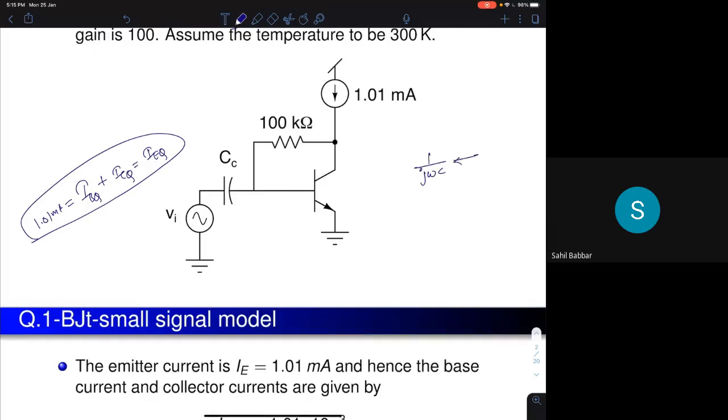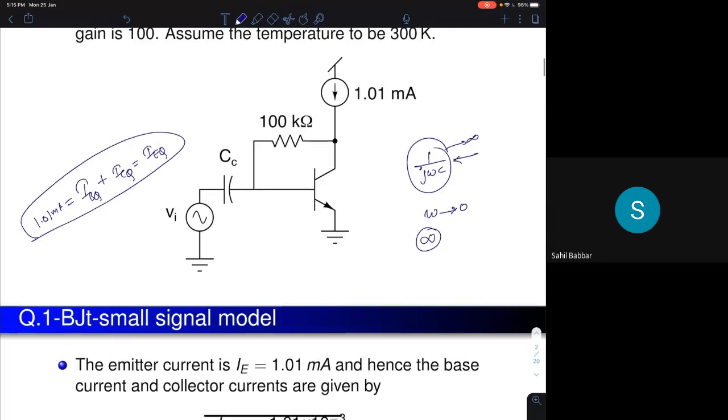At omega equal to 0, that is your DC frequency, the impedance of a capacitor is infinity. If some impedance is infinity, it's an open circuit. So whenever you are finding DC, you have to open circuit the capacitor. For the AC small signal model, the capacitor will be a short circuit. That's how you do AC and DC analysis.